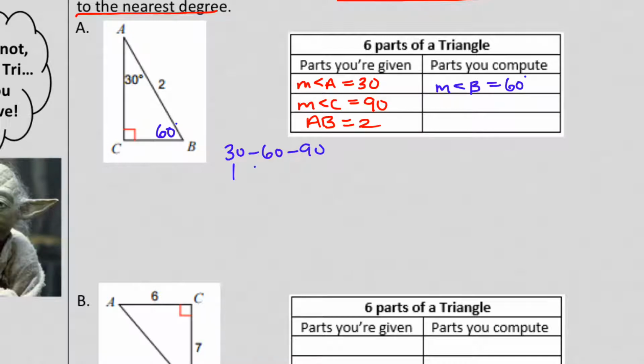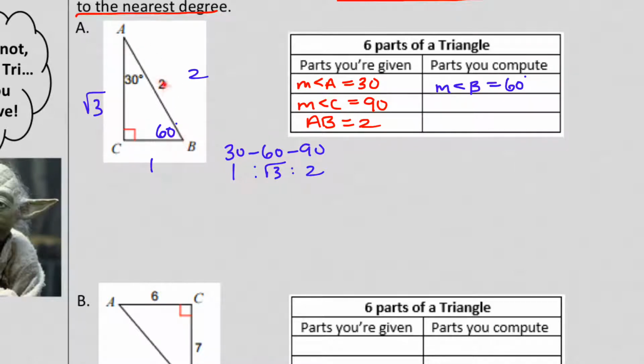Okay, so I have a 1 to radical 3 to 2 comparison. Now if I place this ratio on my triangle, look at what you see. It's a 1 to radical 3 to 2 comparison. In this example, the hypotenuse will be twice as long as my short side.